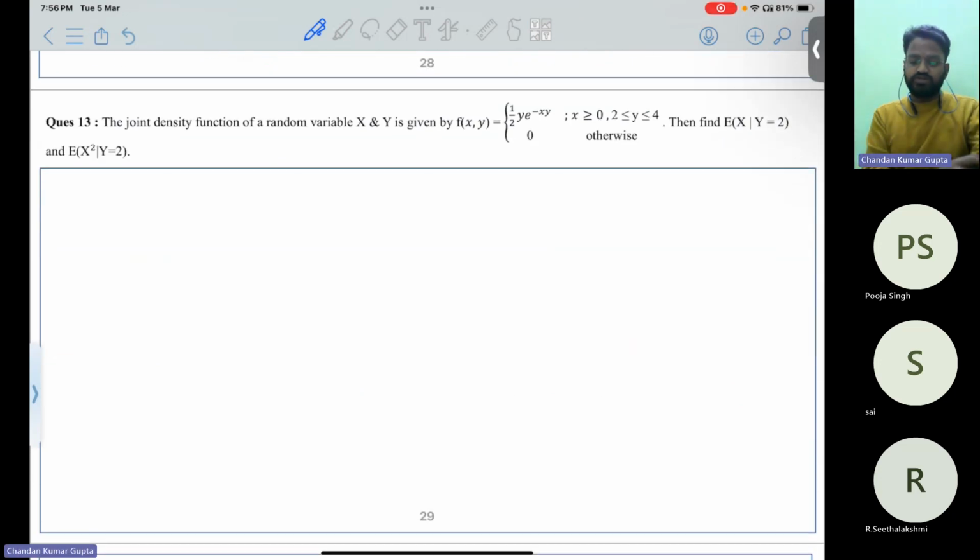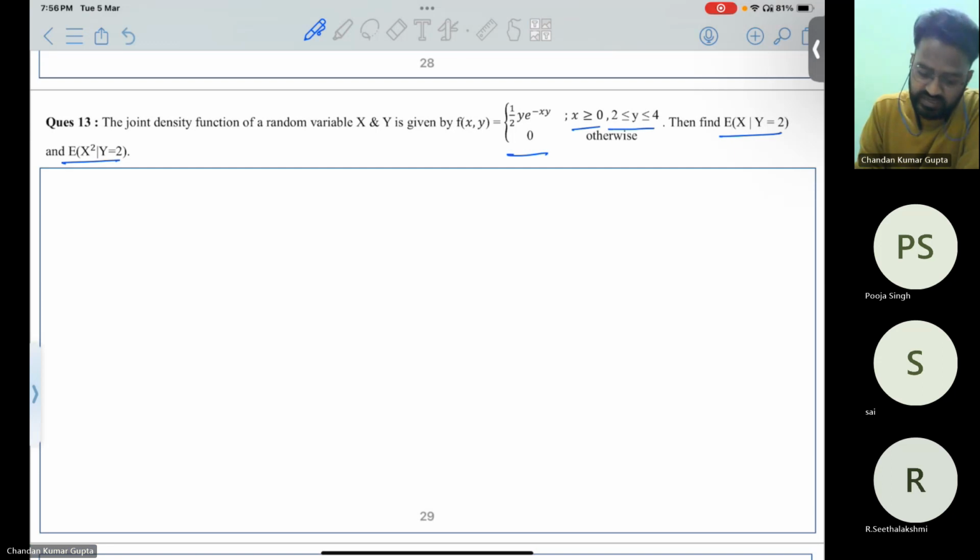Now the 13th question: the joint density function of random variables x and y is given by this, and the range of x and y is given. We need to calculate the expected value of x given y equal to 2.